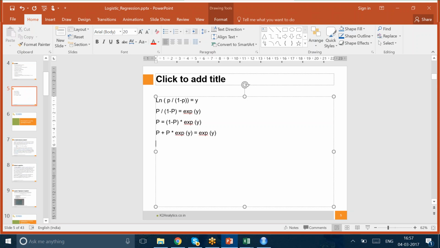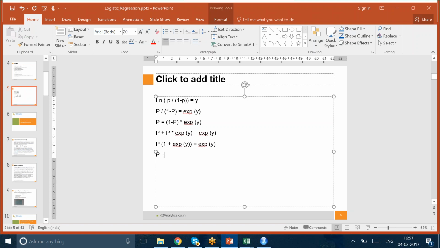Agreed? P on the left hand side is common, so I can say p times 1 plus exponential of y is equal to exponential of y. I can now take 1 plus exponential y to the denominator on the right hand side.